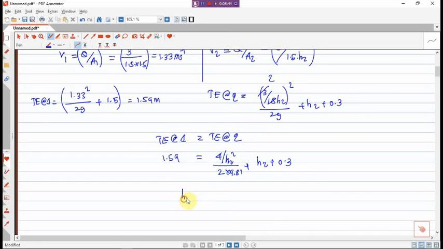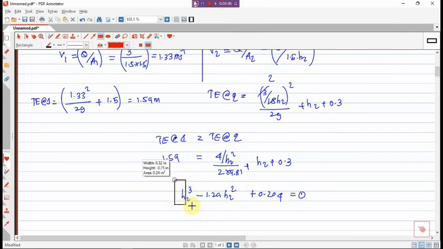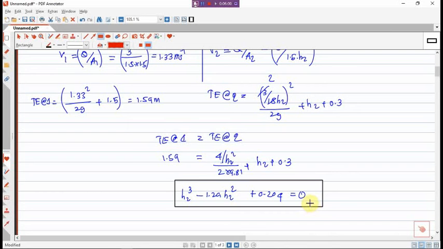Actually it's like this: h2 cube minus 1.29 h2 squared plus 0.204 is equal to 0. So this is the equation for h2. From here we can find three values for h2: one is 0.35, the other one is 1.13, and the third is 0.51 meter.